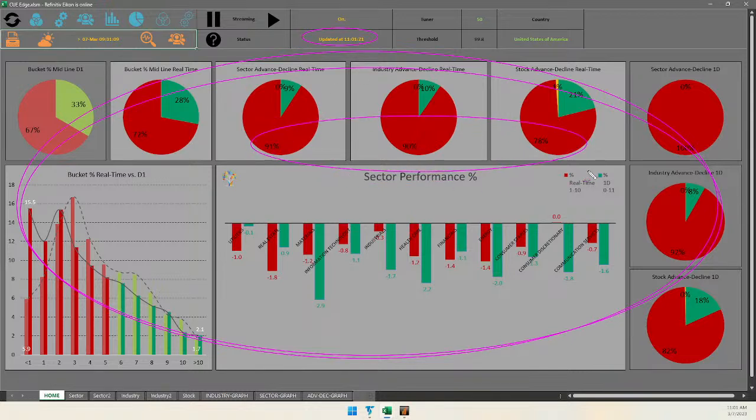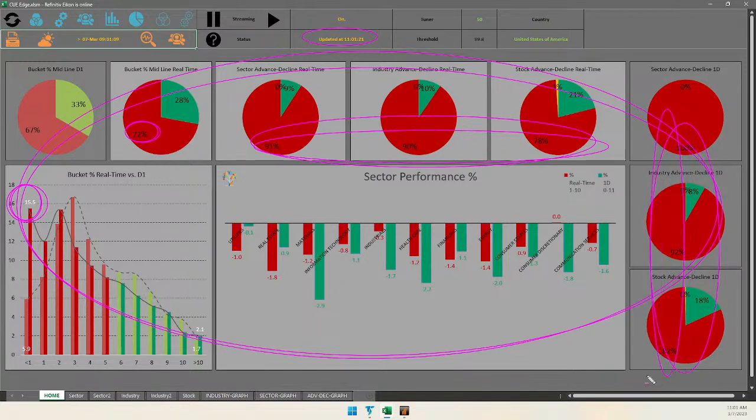You can see today's USA market is bearish, and I can refer to yesterday's market that was also bearish, and I can see it is not oversold yet in terms of bucket analysis, and it is bearish. So bearish, not oversold. Today's sector industry stock breadth is bearish, yesterday was bearish.